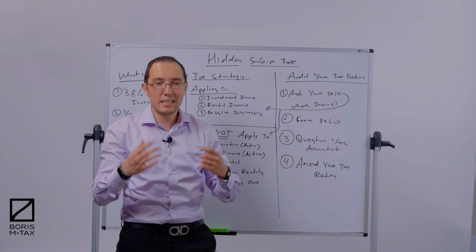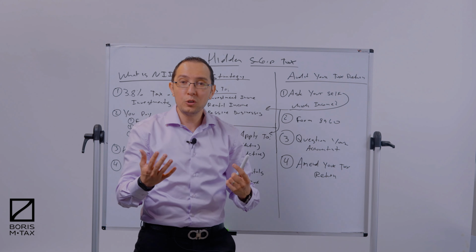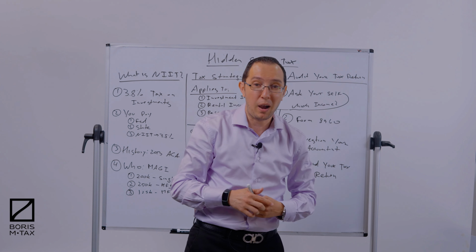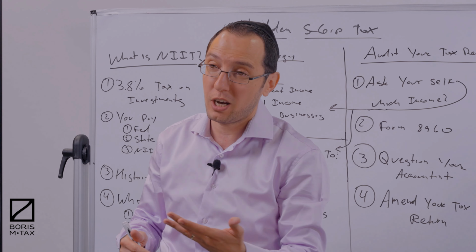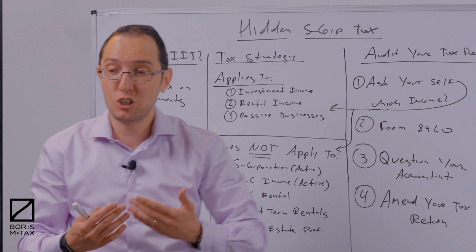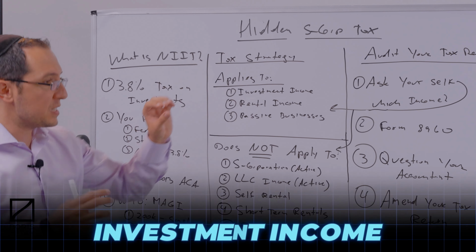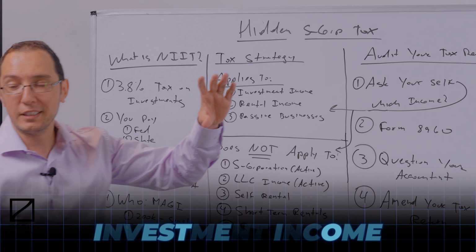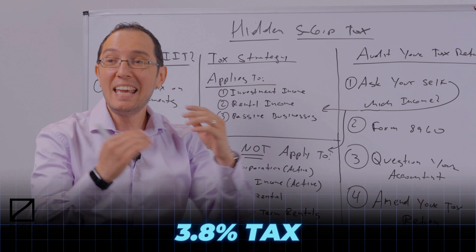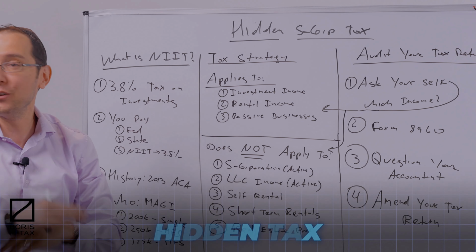Really, it comes down to simple, overlooked mistakes, for example, making a checkbox on the tax return or not making that checkbox. If they didn't make that checkbox, then the software will automatically classify it as an investment income. The software will automatically calculate the 3.8% tax. It's a hidden tax, okay? You don't even know about it.